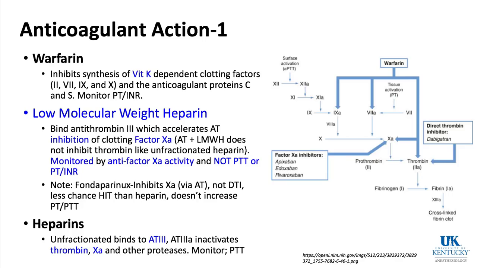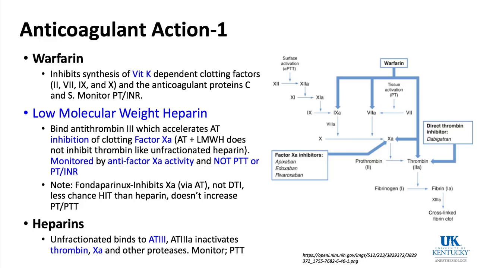Low molecular weight heparin. Heparins bind to antithrombin 3, which then accelerates antithrombin's inhibition of clotting factor 10A. Now, plain heparin, unfractionated heparin, also acts on antithrombin 3, but then it acts on multiple places in the clotting factor cascade.